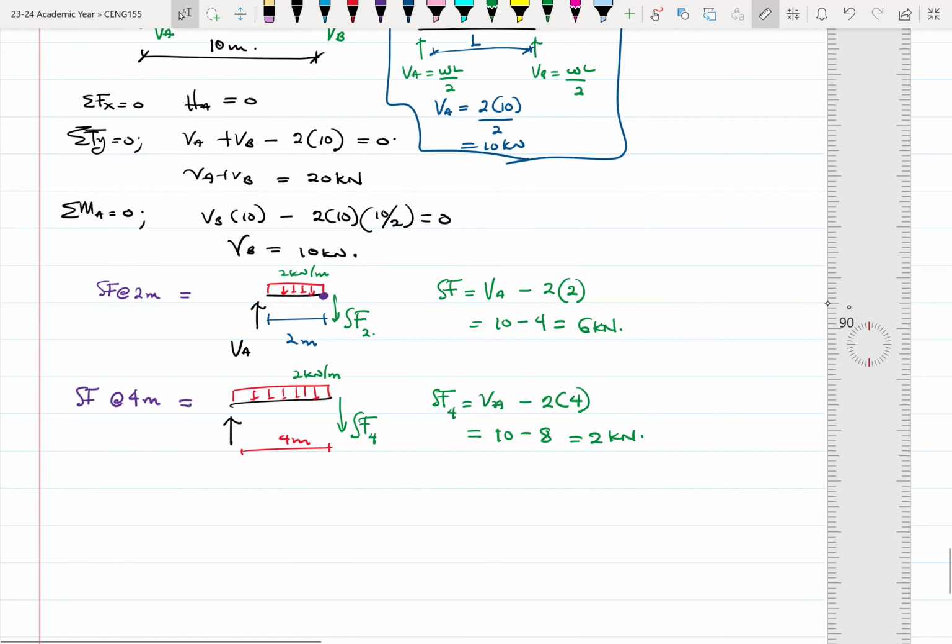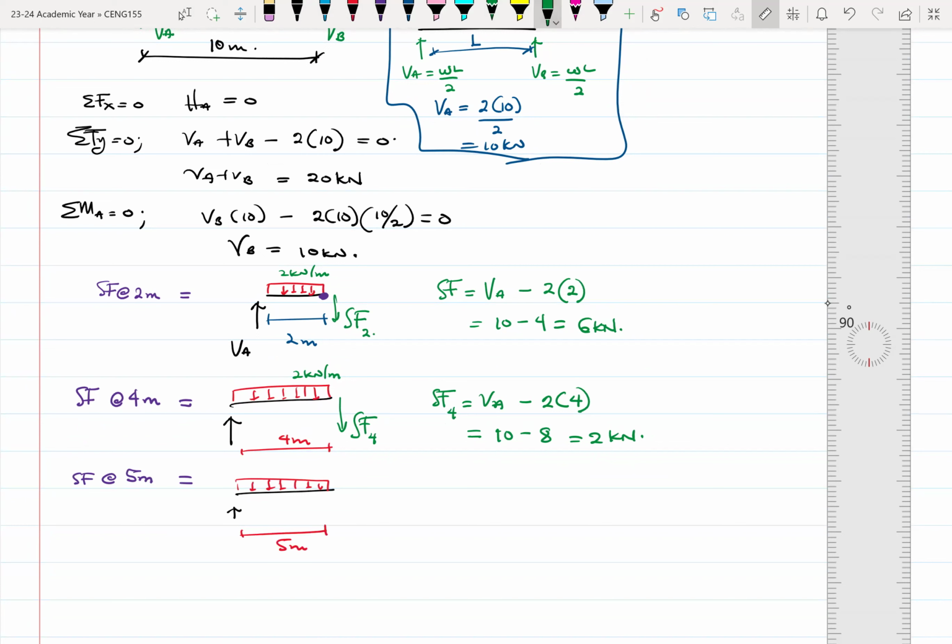Now let's do the shear force at, I'm going to go to 5 for now. I'll come back to 6. So at 5 meters, again, we cut our section at 5 meters. So we have our UDL again. This distance here is now 5 meters.